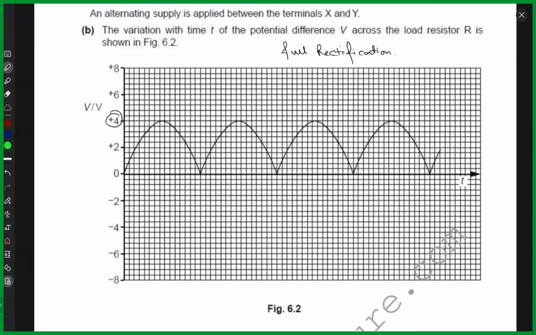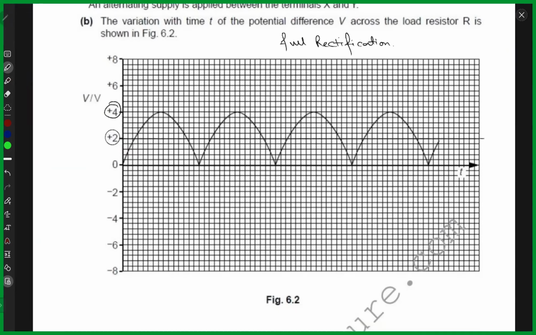It would be 2 volts. Yeah, of course it would be 2, right? So it would be halfway between this. So it is 2 volts.